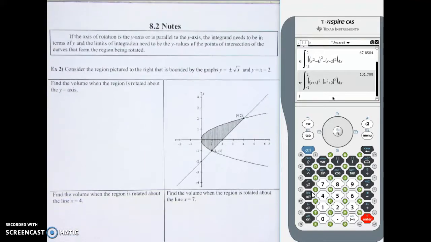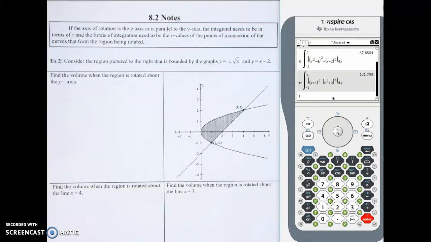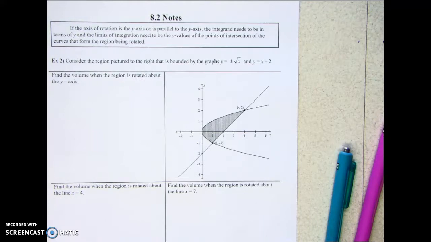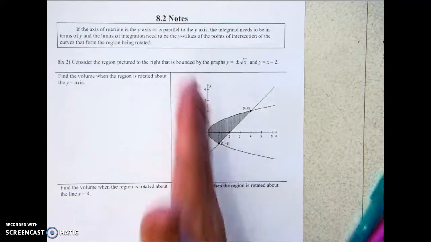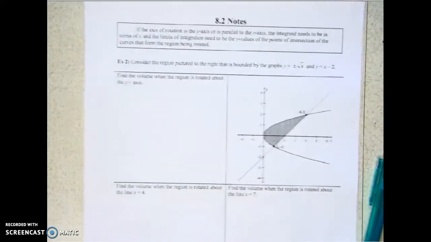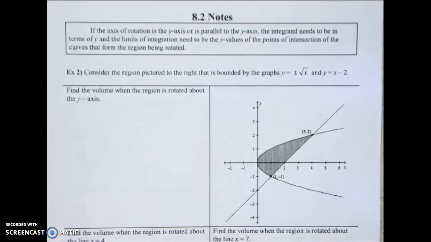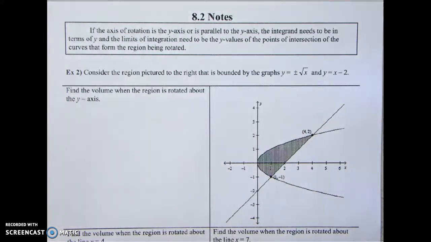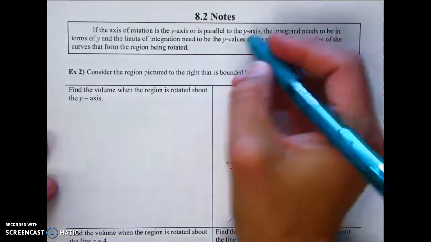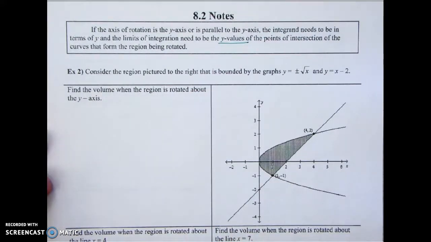Next page. So this is where it gets much different. Ready? If the axis of rotation is the y-axis, or parallel to the y-axis, then the integrand needs to be in terms of y. And we have not done that yet, you guys. And the limits of integration need to be y values.